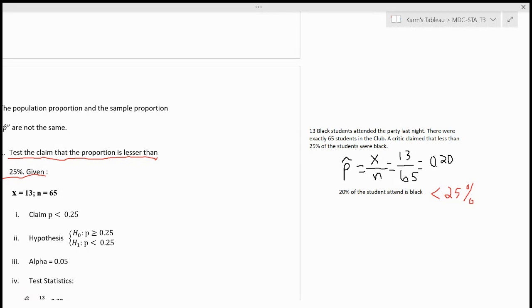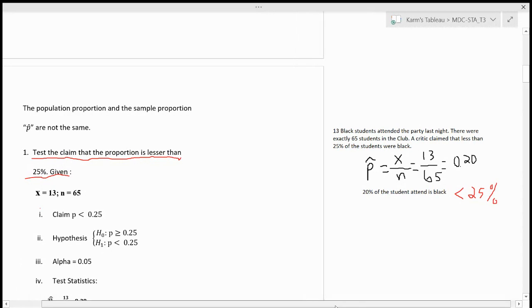Okay. When I try to do the problem by myself, I find the claim to be p less than 0.25. This is the claim. Then I work with my hypotheses H0 and H1. One is greater than or equal to 0.25. The other one is less than 0.25.